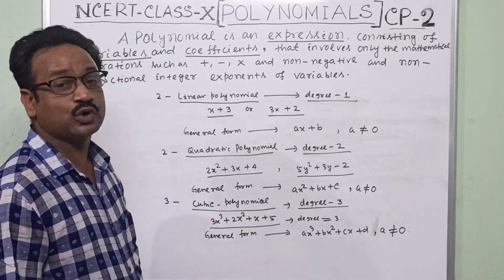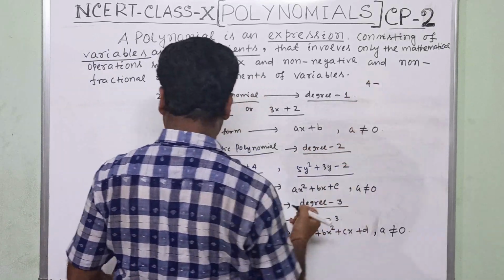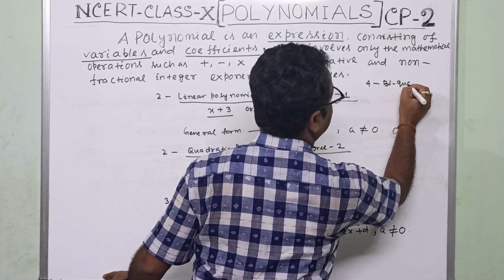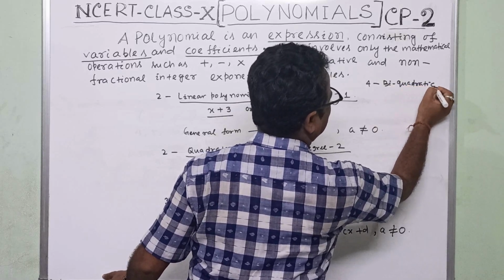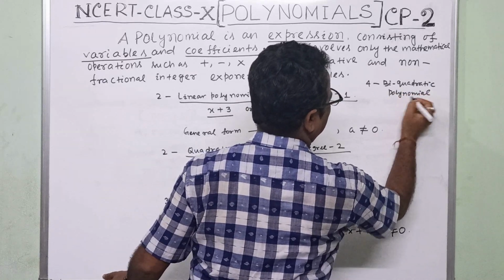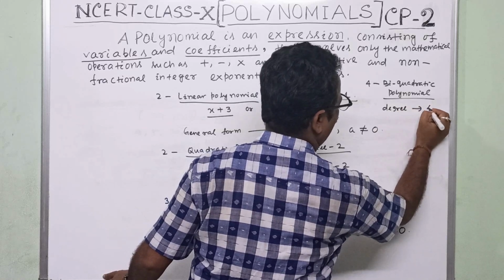Now the fourth one is your bi-quadratic polynomial, degree 4.